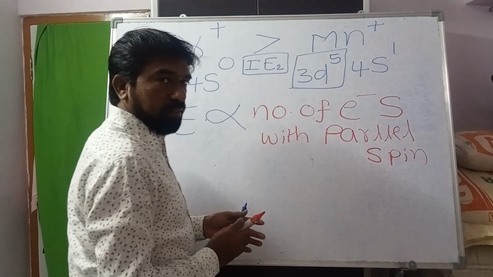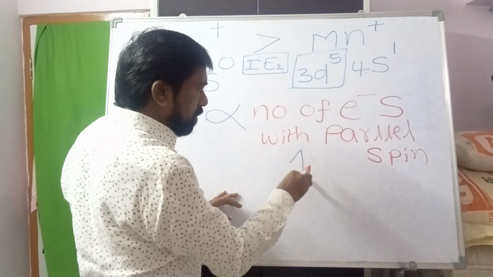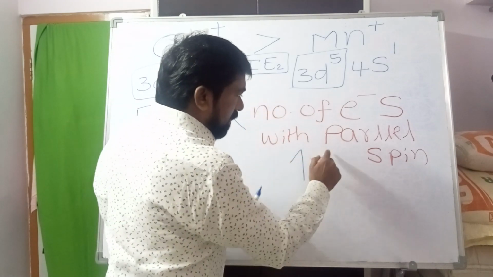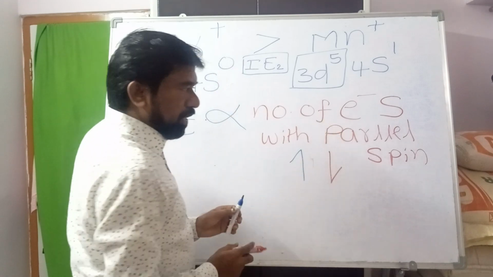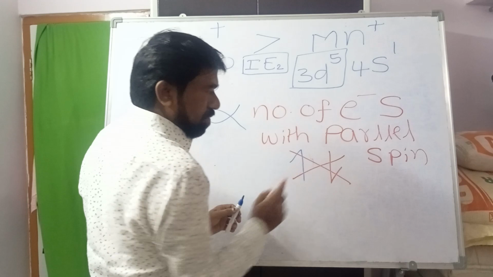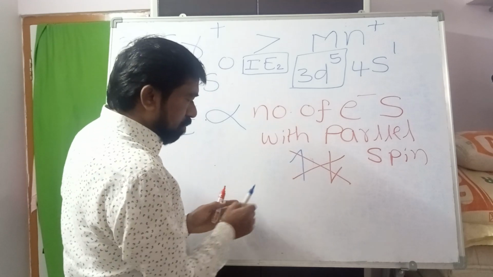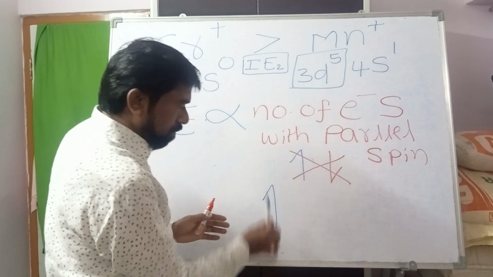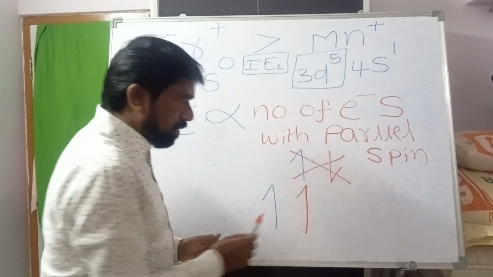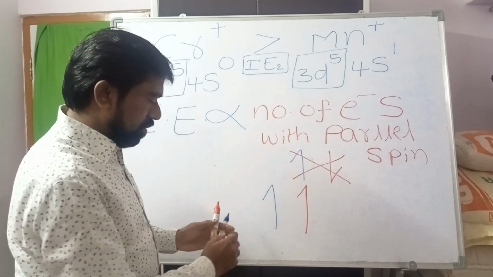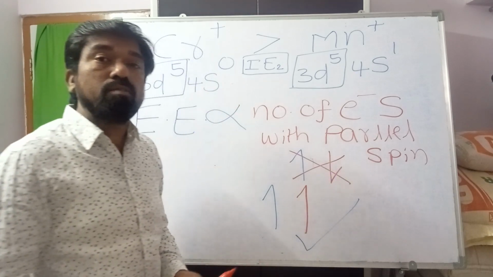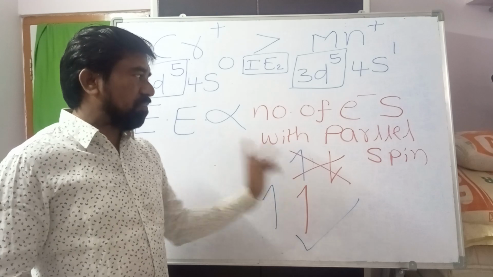Parallel spin means, for example, if this electron has spin plus upward and this electron has spin minus downward, these are not parallel spin. But if this electron has spin upward and this electron also has spin upward, these two electrons have parallel spin, the same spin.